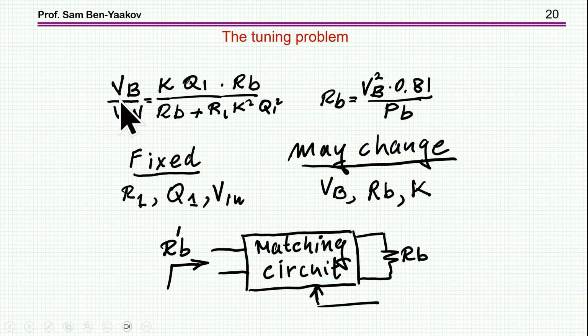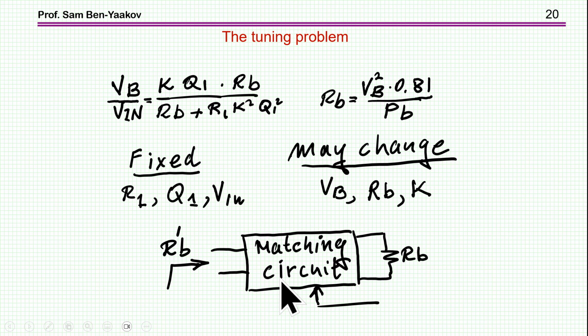And therefore there is a mismatch between these two sides of the equation. You can correct for it by changing RB. Now, obviously, I don't want to change the power delivered to the battery, but I can use a matching network such that when looking into this matching network, I'll see a different RB such that it will correct this, so this equation will be valid again.